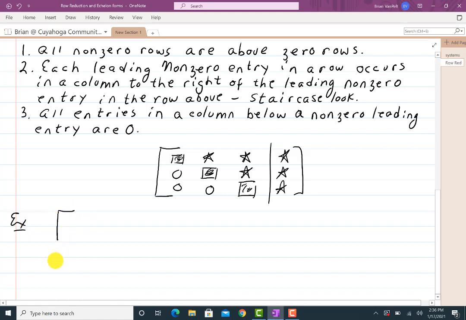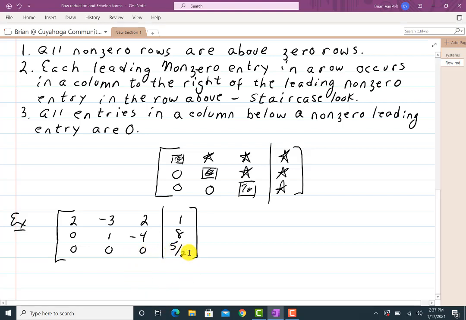Let me see, I have 3 rows, goes like this. Now, for this one, you should know that there is no solution because of the last row.